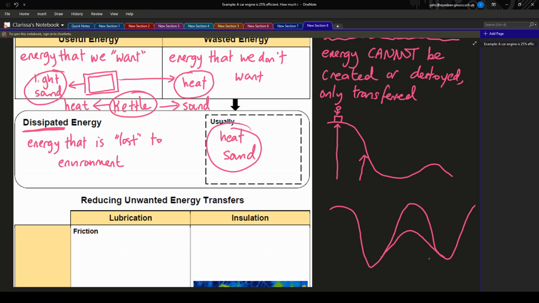So each time it comes back up, it's lost a little bit of energy. And that energy is what's known as dissipated energy because that energy wasn't destroyed, it just went into the environment. It got lost into the environment, which is why when you drop a tennis ball, it's not going to bounce and come back up at the exact same spot every single time, because there's always going to be some dissipated energy.